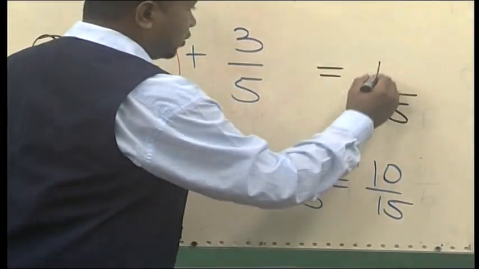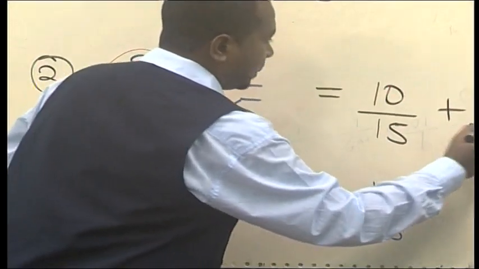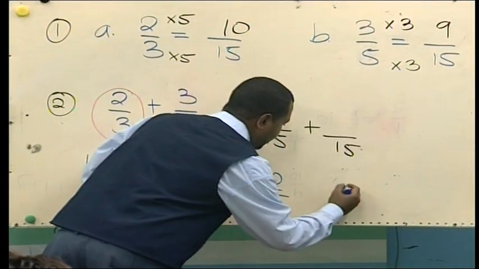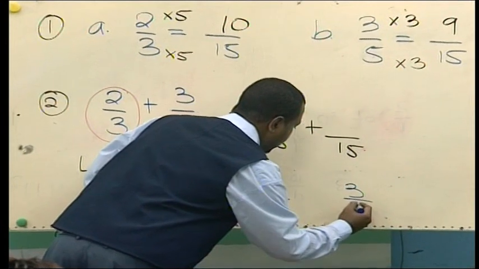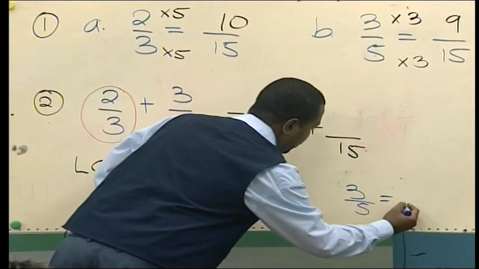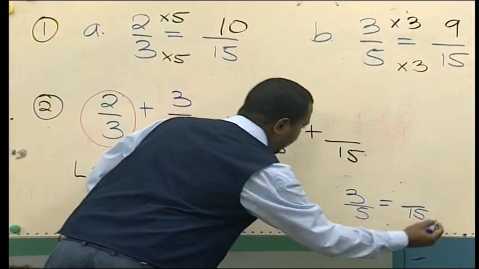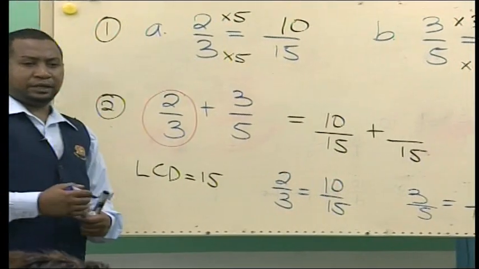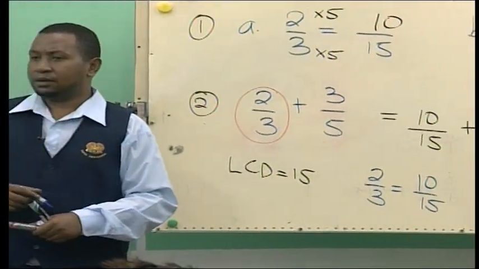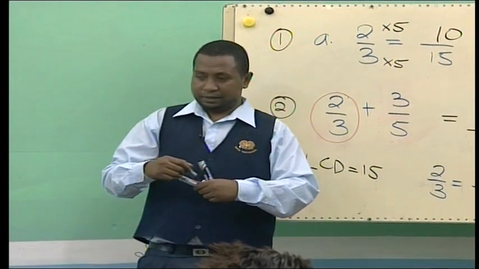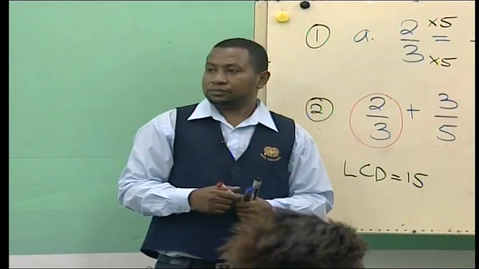So we'll write that on the top. Plus, the other equivalent fraction that we are going to look for is 3/5. And our common denominator will be 15. So what is our equivalent fraction? Tony? 9.